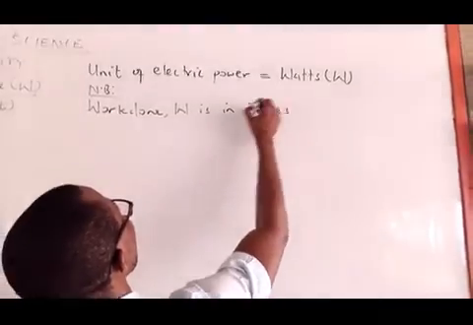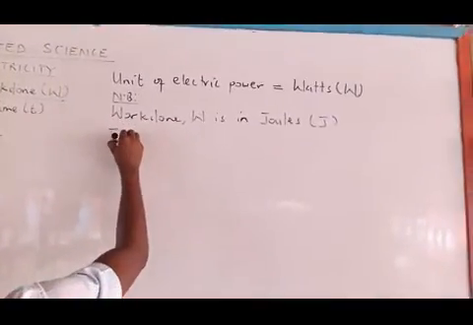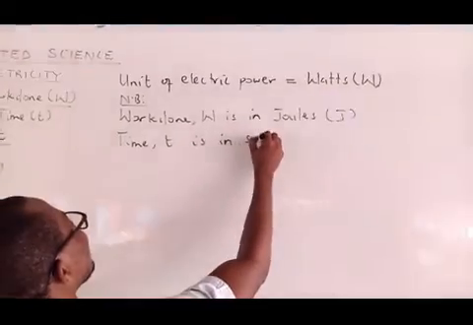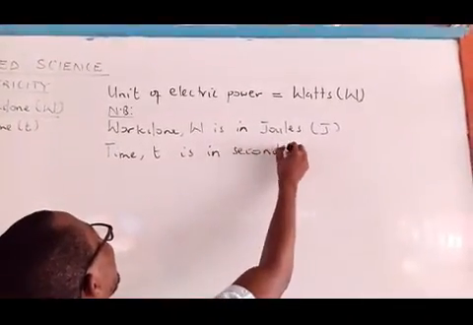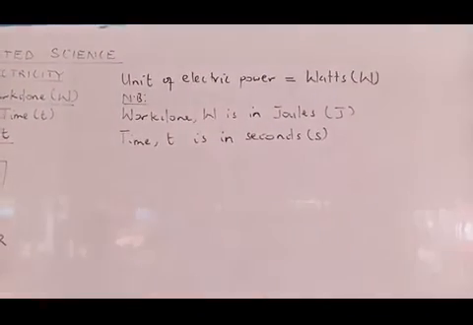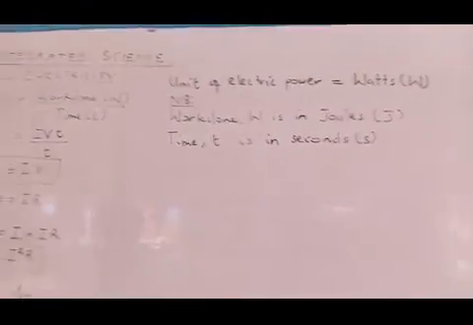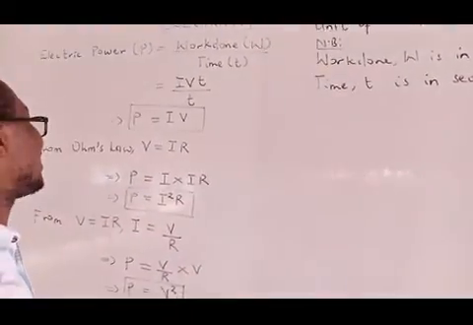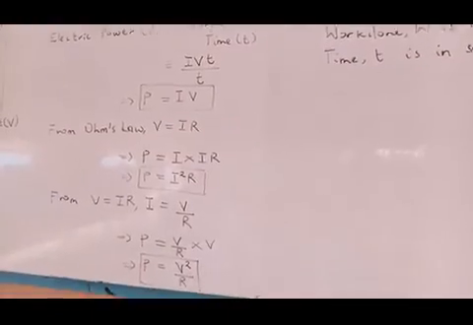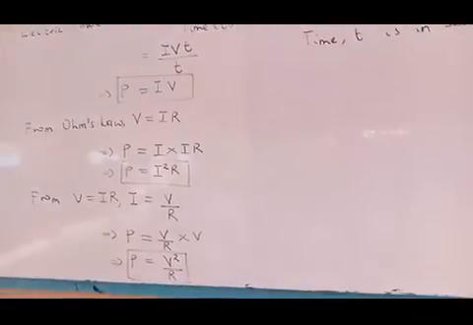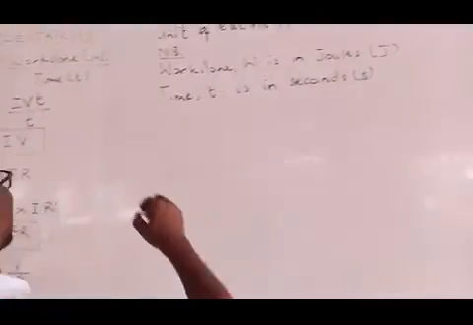So that's the unit of work done, joules. And your time here is in seconds. We've already come across the units of current, which is amperes, voltage in volts, and resistance in ohms. Now let's look at electric energy.